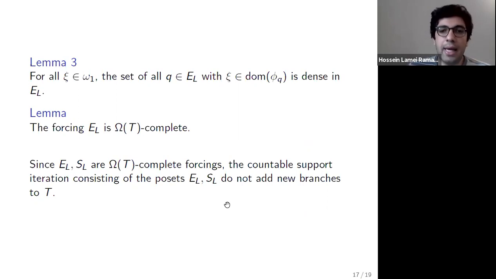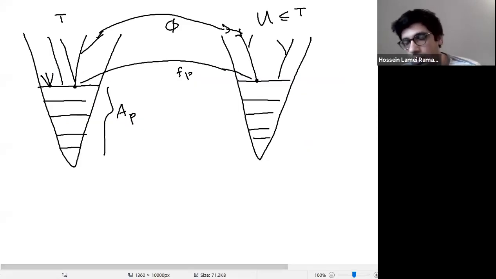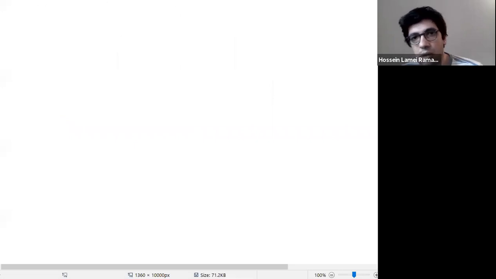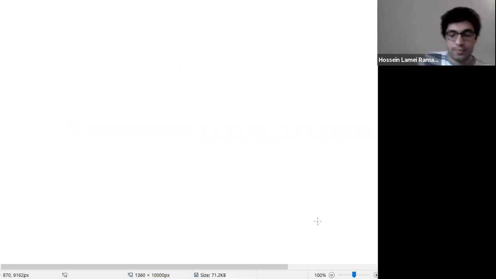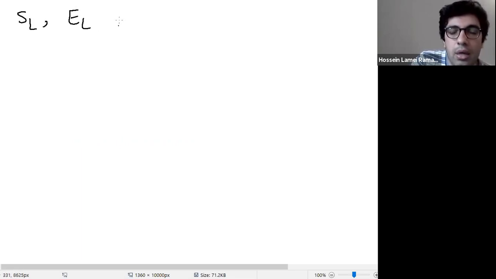The forcing EL is omega T complete. This is probably useful to talk about a little bit. Both SL and EL are omega T complete.